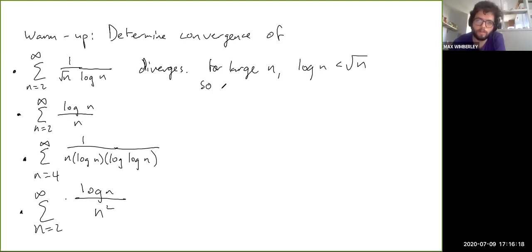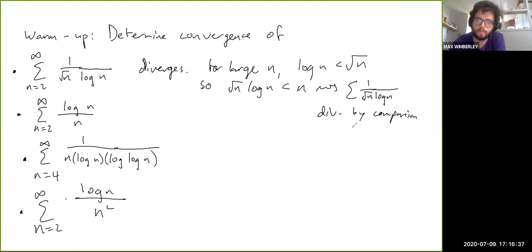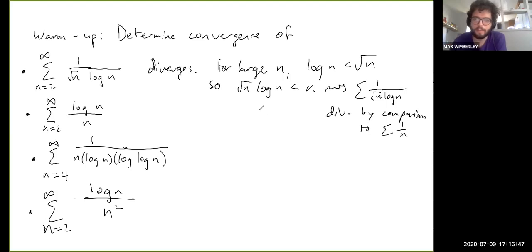So square root of n log of n is less than n. So 1 over square root of n log n diverges by comparison to the harmonic series, I believe. You guys agree with that? Hopefully yes.